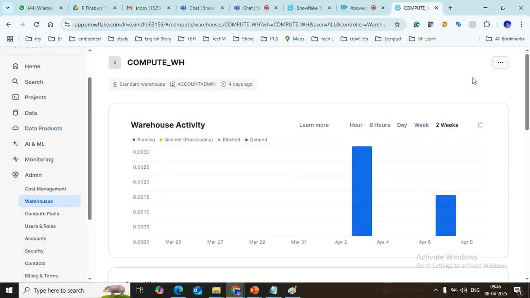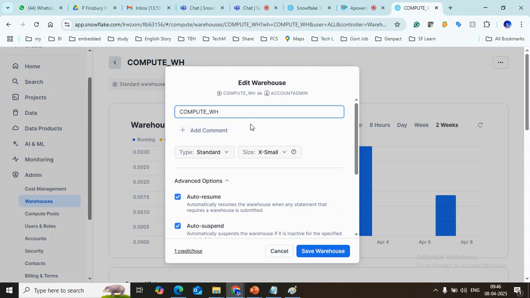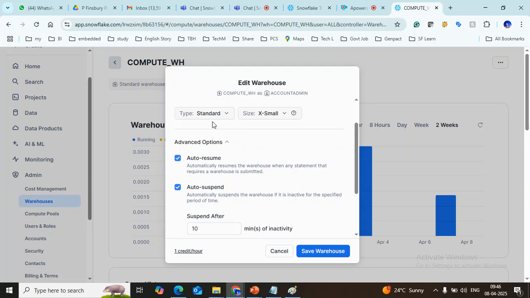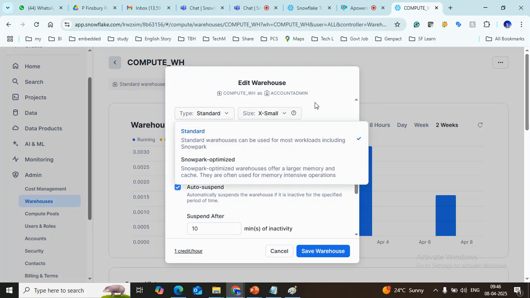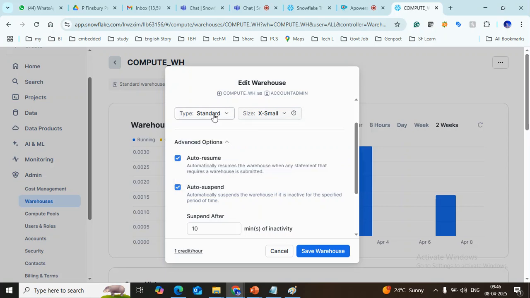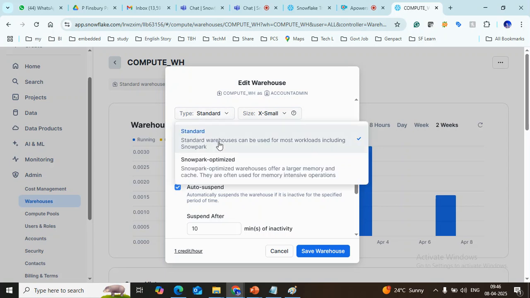I wanted to show you the compute: this is the warehouse name, here is the type of warehouse. I already mentioned there are two types of warehouses: one is standard, one is Snowpark optimized. Everyone agrees? Yes. Okay.